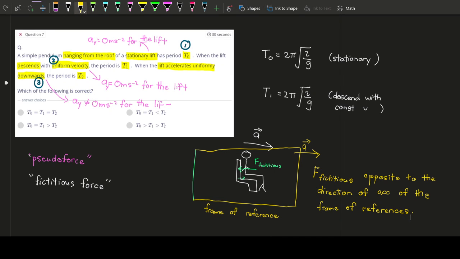So this is my lift and my pendulum is swinging like this, back and forth. So now if my lift here is accelerating downwards, you can think of this pendulum bob here actually experiencing a fake force, a fictitious force going upwards.